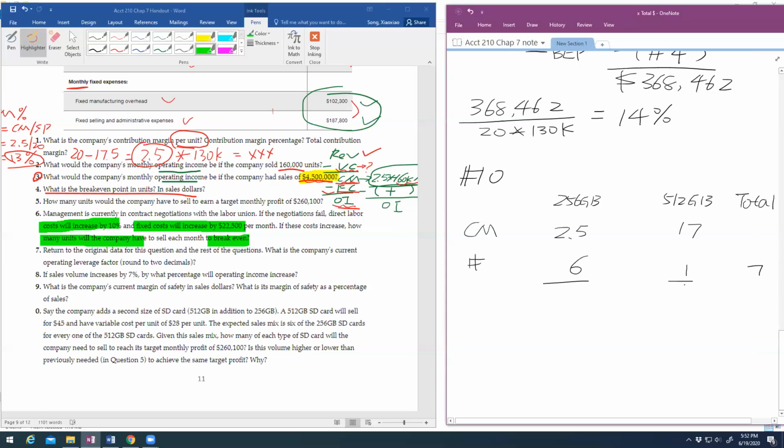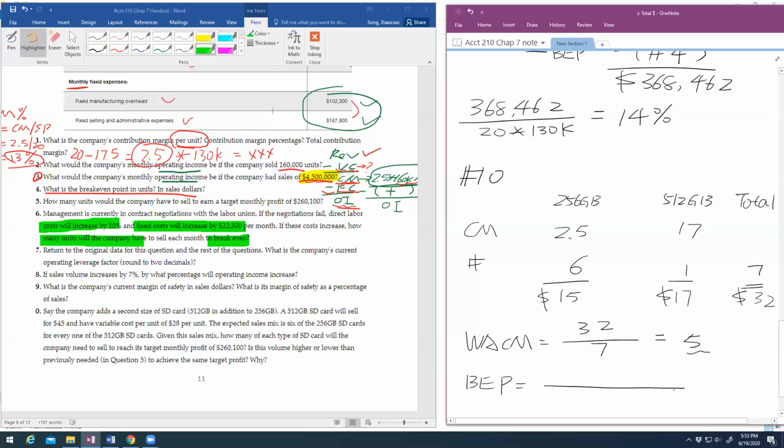The contribution margin gives you a total of $15 for one and $17 for the other, so your total contribution margin will be $32 over 7 units. Our weighted average contribution margin is 32 divided by 7, which rounds to 5.